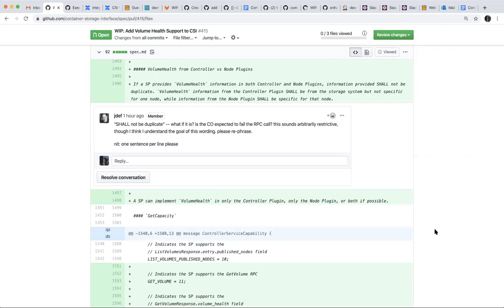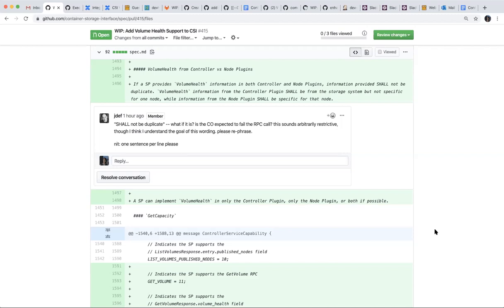Maybe I'm not being clear. Just a minute ago, you said the node is only going to report problems that are node specific, and that's where I'm getting a little stuck, because if the volume is unhealthy, then I would expect all of these checks to report it back unhealthy, even if it's just that the storage itself has failed.